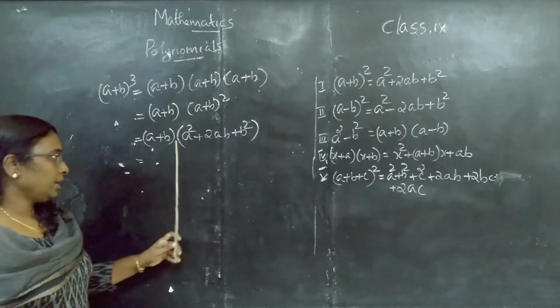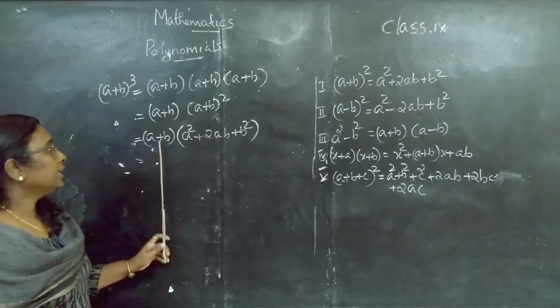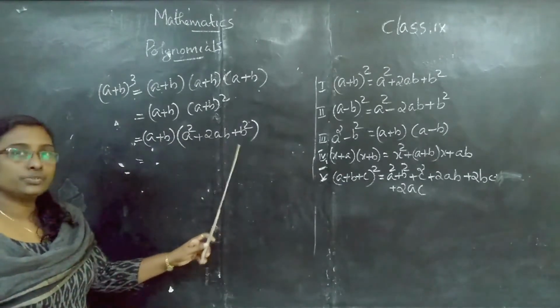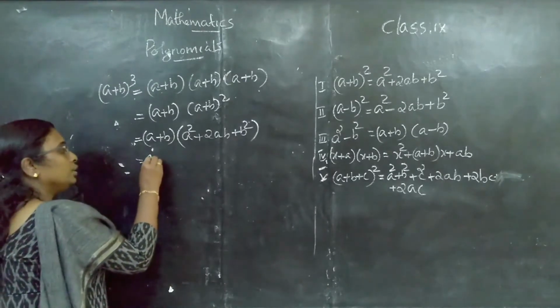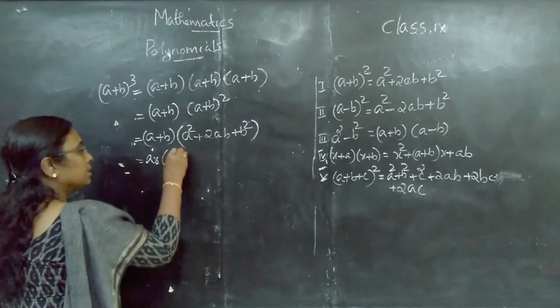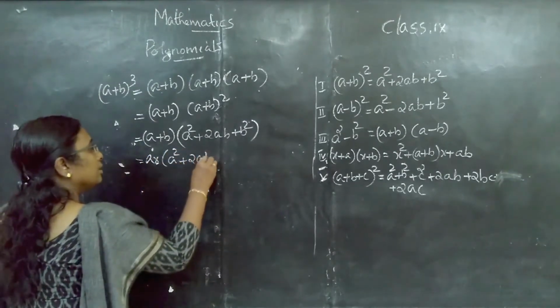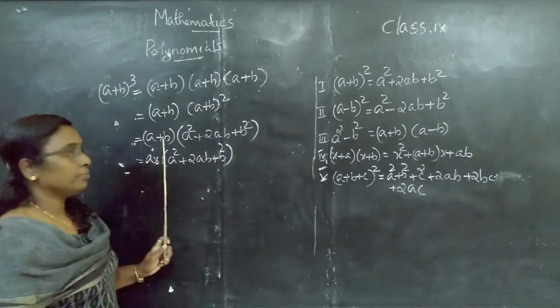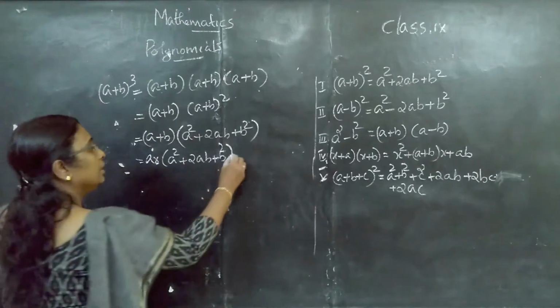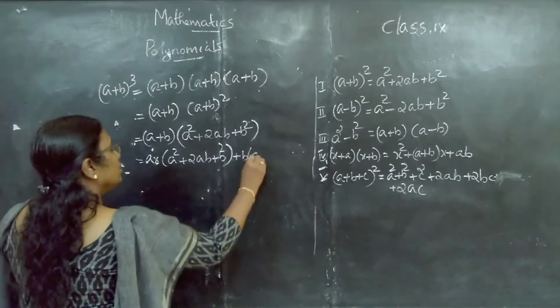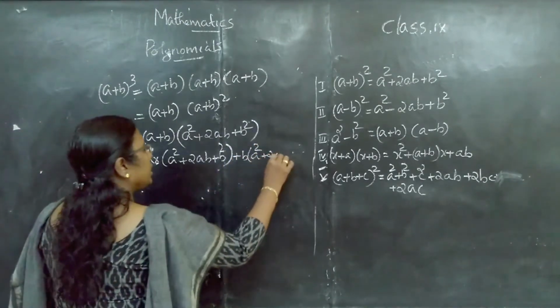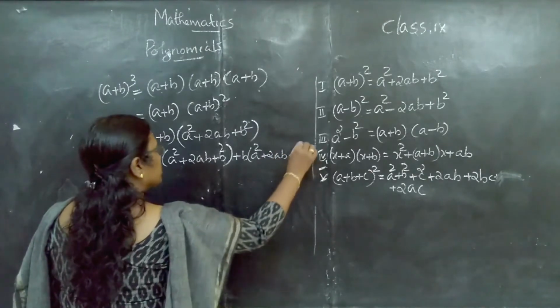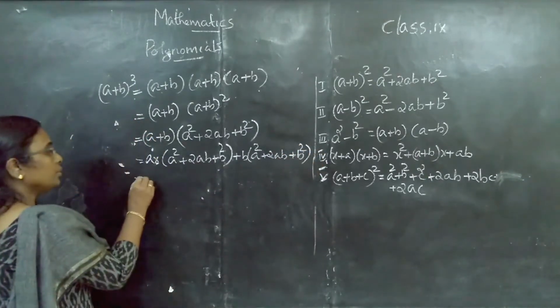First multiply a with this, and then plus b with this. So a into a square plus 2ab plus b square. Then multiply plus b with a square plus 2ab plus b square.